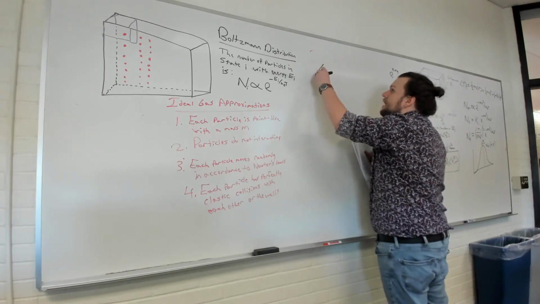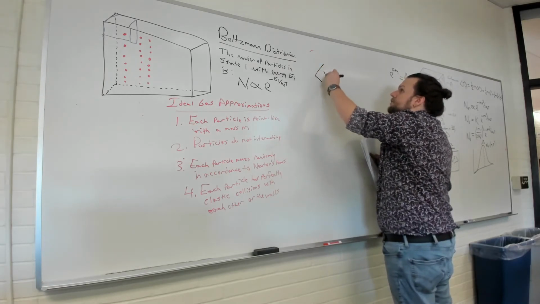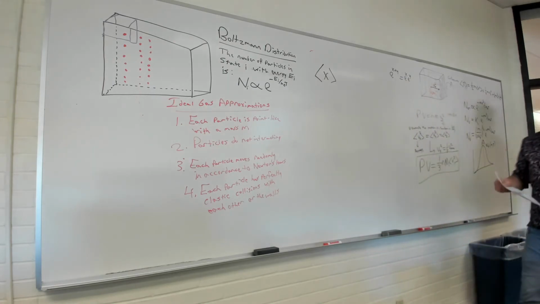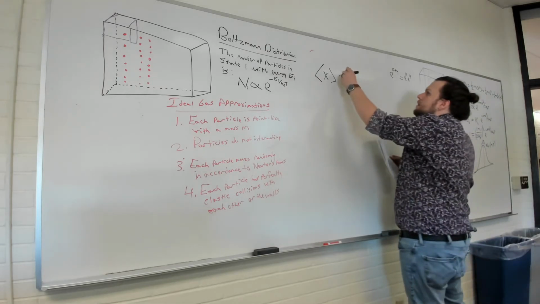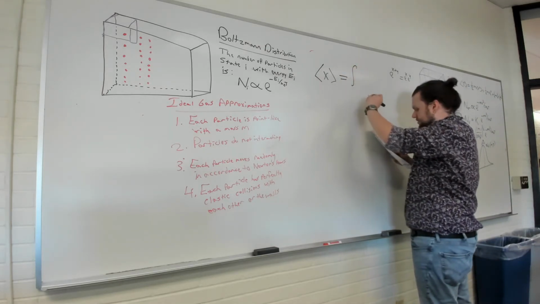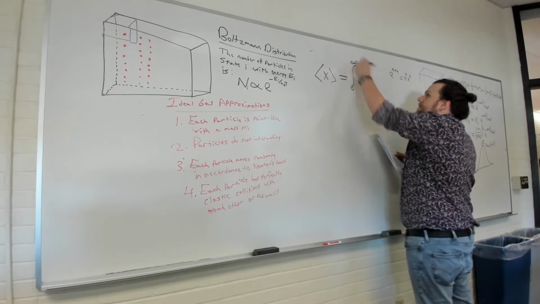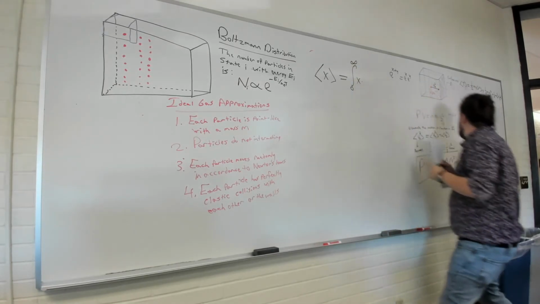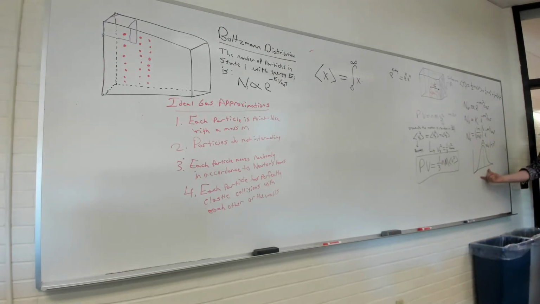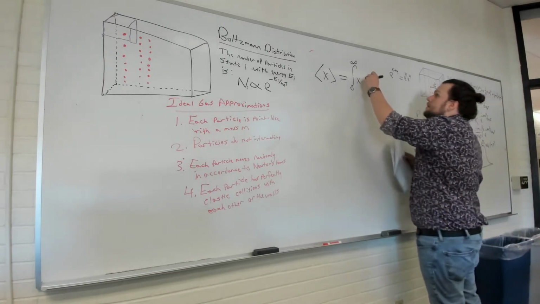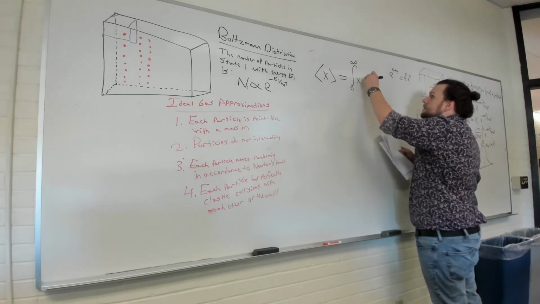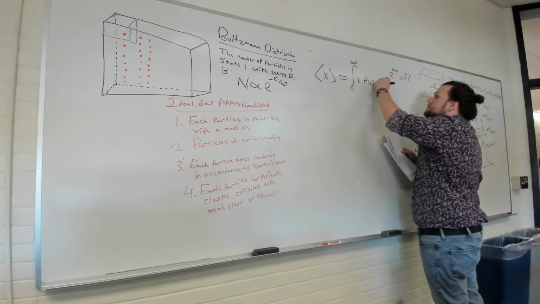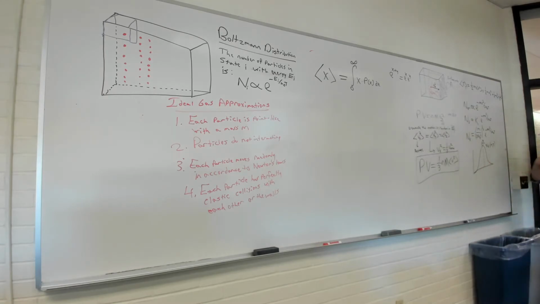But the average value of an observable, x, just anything, could be velocity, could be position, is equal to the integral across all space, which here is 0 to infinity, of the variable times the probability function. So that would be x times p of x dx, right? This is p of x, our probability distribution, or bell curve for velocities.